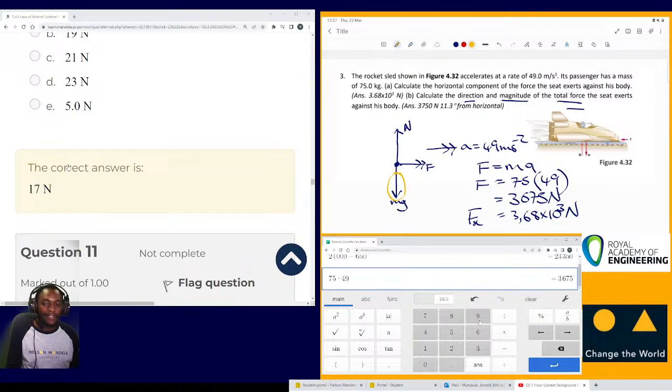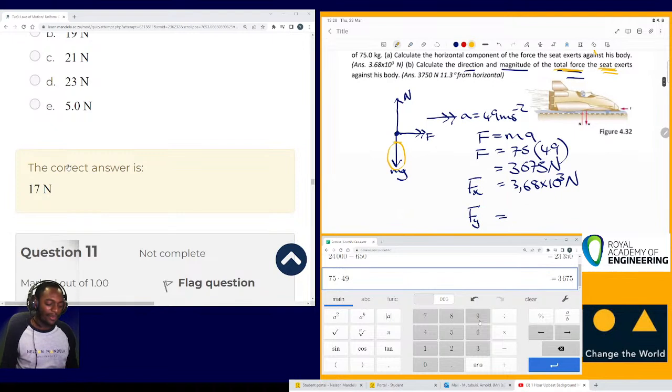We're looking at the force that the seat exerts on the person. So what is the force that the seat is exerting on the person? The person is exerting a force of 75 g, and the seat is exerting a force of 75 g on the person. And the question says calculate the total force the seat exerts against his body. So what will be our F in the Y?